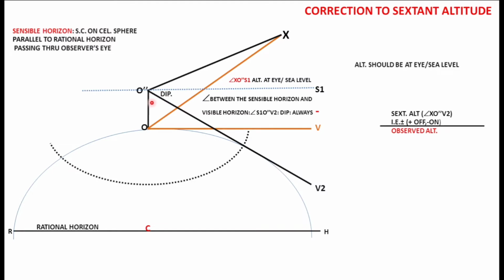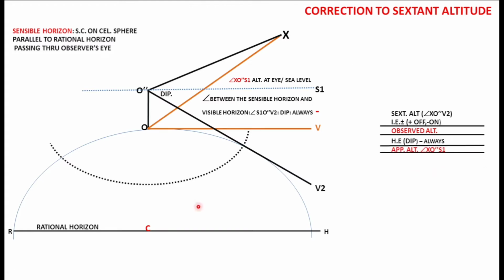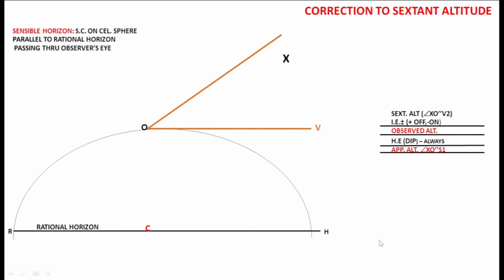The higher your height, the greater the angle of dip would be. So once you apply the height of eye correction to the observed altitude, what you get is the apparent altitude, and you have got it onto your eye level. This is the altitude you have got after applying height of eye correction, and this is what we call apparent altitude.